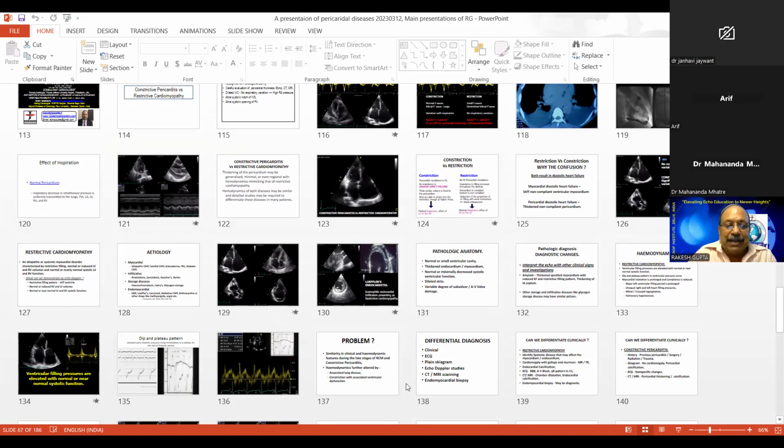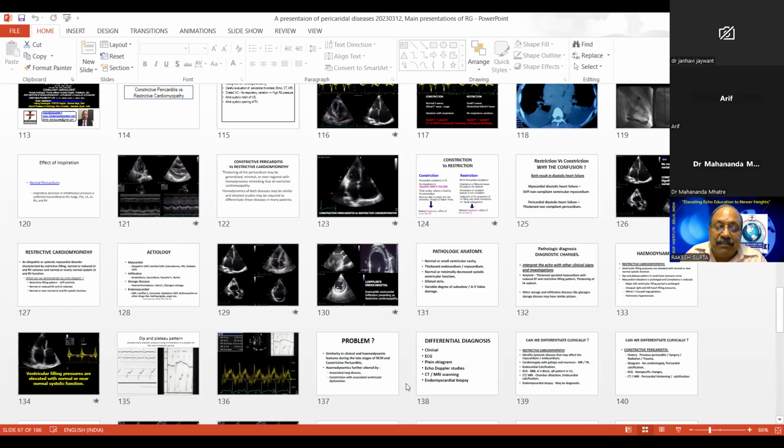RV pressure is only 25 and RA pressure is only 5, so the RA is the first structure to get compressed by pericardial tamponade. So the denting of the pericardium in tamponade is RA compression during systole and RV compression during diastole, along with more than 25% respiratory variations.